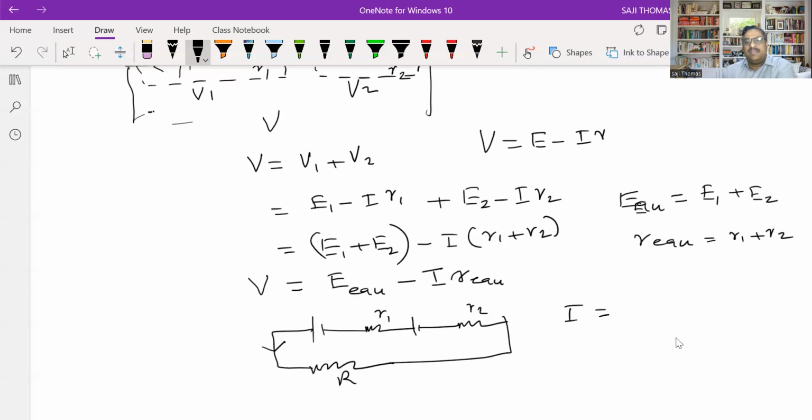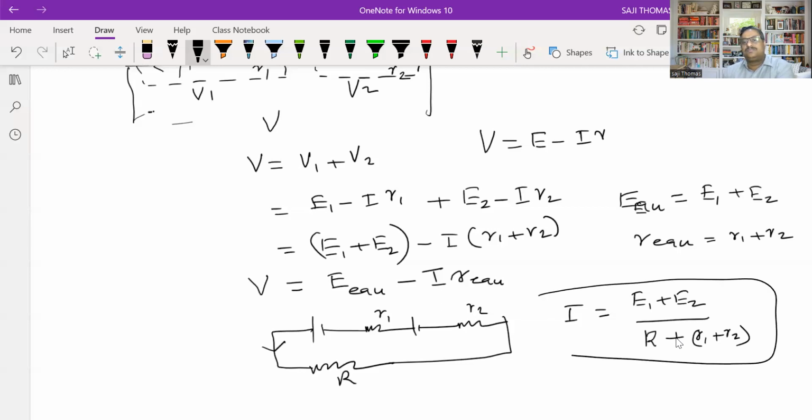Current will be, what is the equivalent EMF? E1 plus E2. What is the total resistance? External resistance is R plus equivalent internal resistance R1 plus R2.